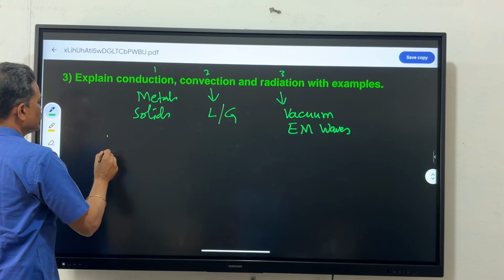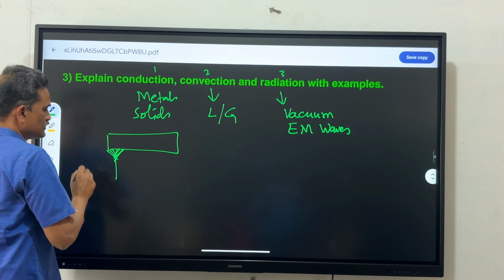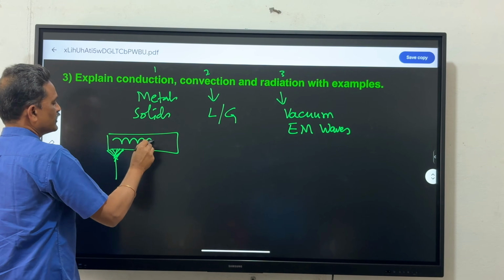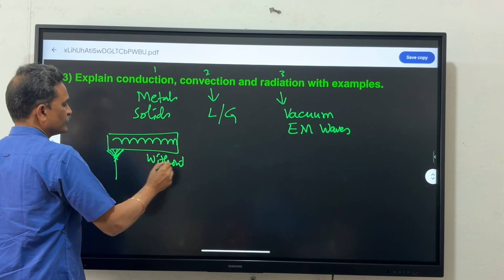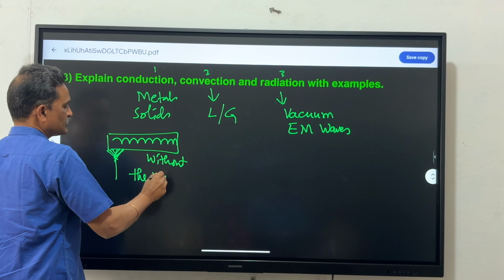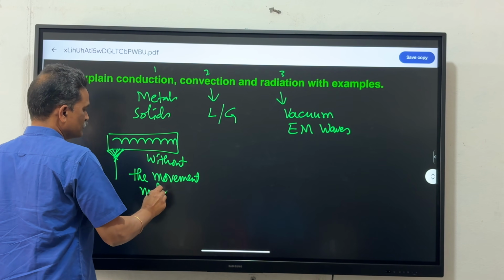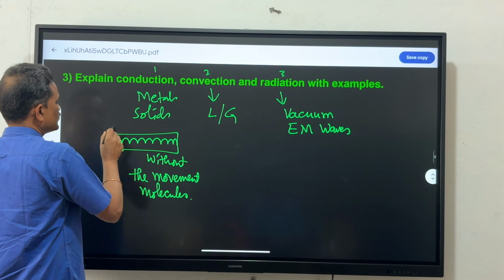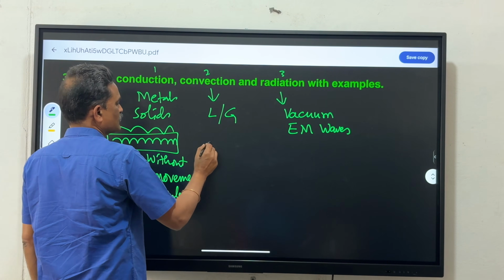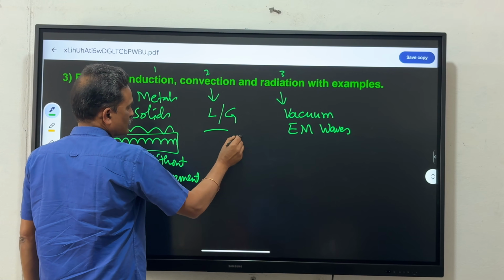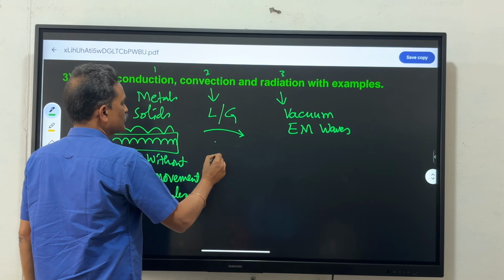In conduction, for example, if you take a metal rod and heat one of its ends, the heat transfers from one end to the other end without the movement of the molecules. So in a solid substance, molecules are not moving when the heat is going from this end to this end. Whereas in the case of convection, along with the transmission of the heat, the molecules also move.